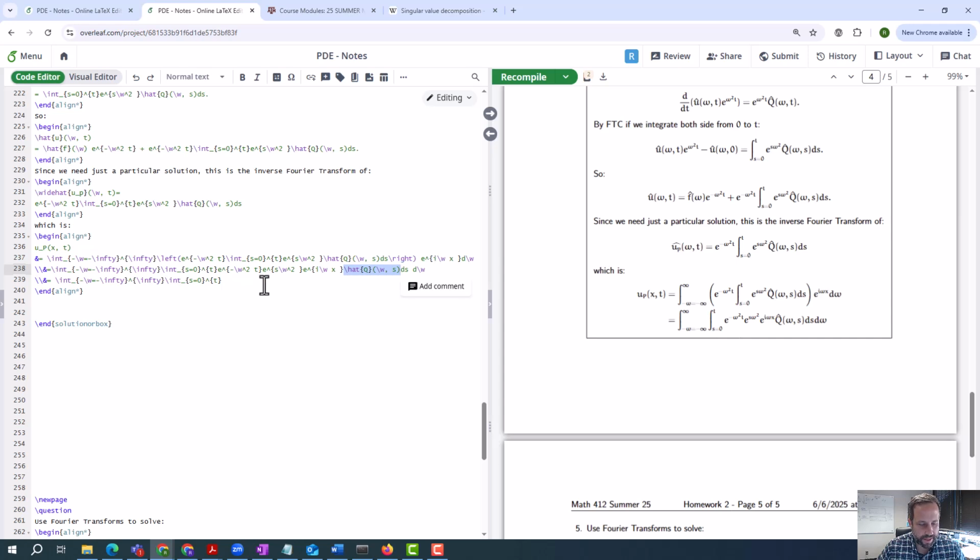So we're going to have e to the power of minus omega squared t plus s omega squared plus i omega x, like this, ds d omega.